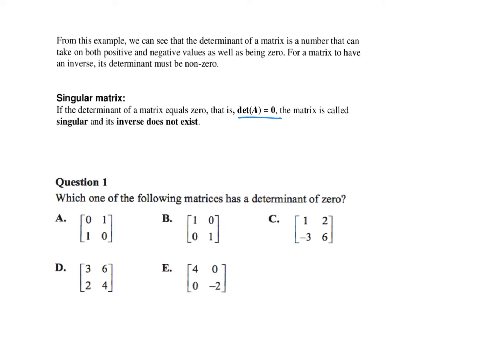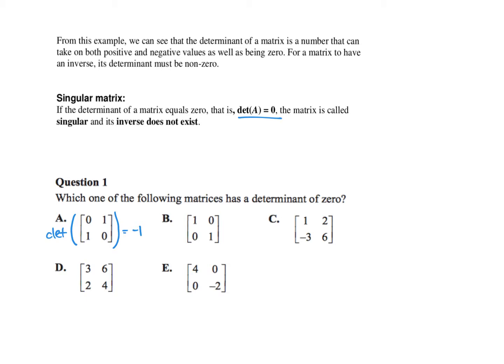Which one of these following matrices has a determinant of 0? Here you can just work out your determinants. In your calculator, you can write DET and a curly bracket, then type your matrix in and press enter, and it'll tell you. This one would be 0 minus 1, so it's -1.